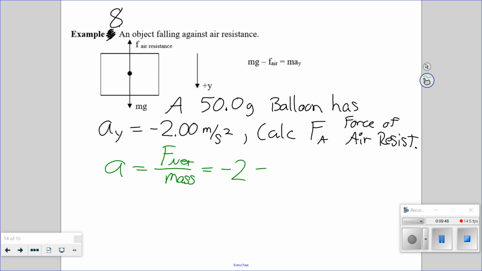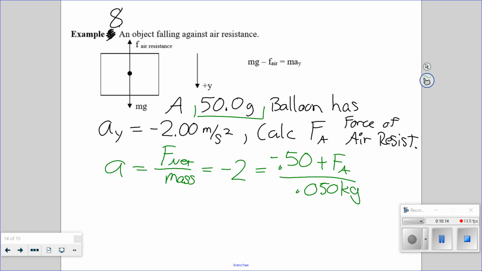Watch out, I said grams, I was mean here in this example. So that's 0.05 kilograms, so that's 0.50 newtons, plus the air resistance that points up, divided by the mass, 0.050 kilograms.